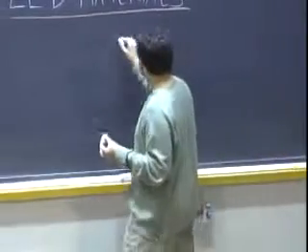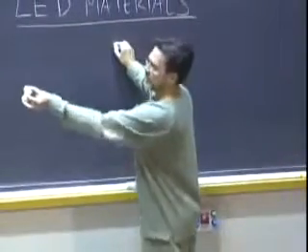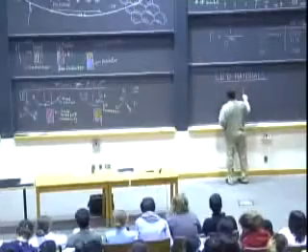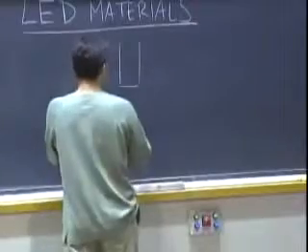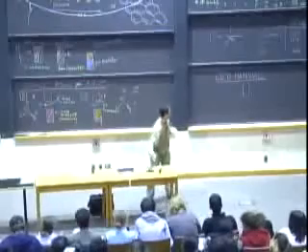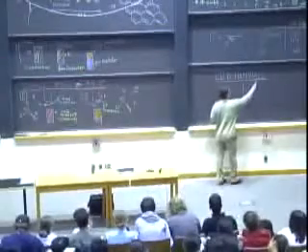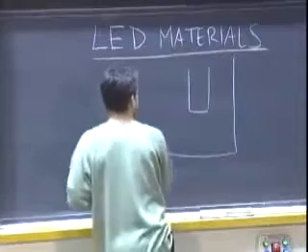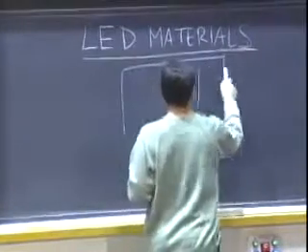The idea is that you've got these two types of semiconductors and you juxtapose them at an interface. So let me make the interface with blue. So you have a solid chunk of material here.